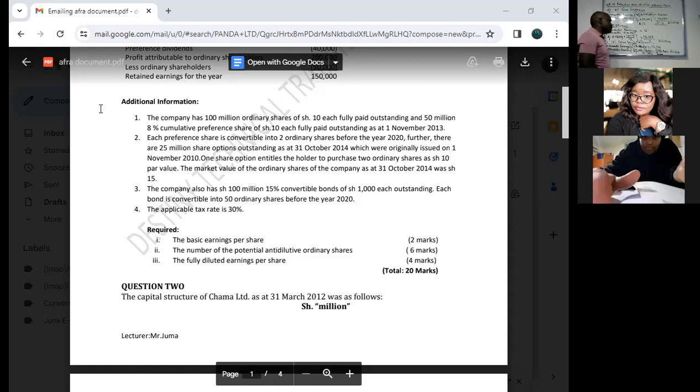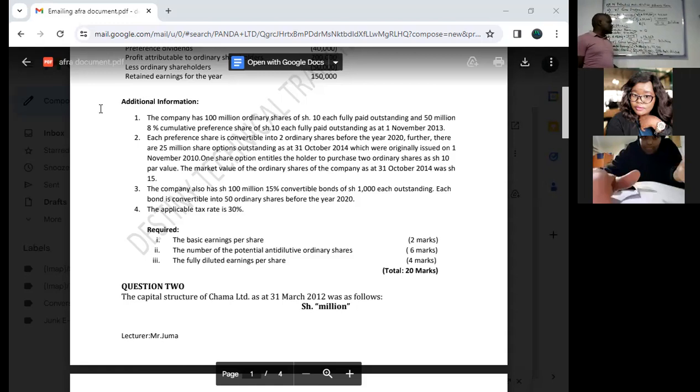So in the exam, if you were asked for the anti-dilutive potential ordinary shares, not the number. You see here they are saying the number. The number is 5 million, but the potential ordinary share which is not dilutive is the 15% convertible bonds. The bonds are anti-dilutive.